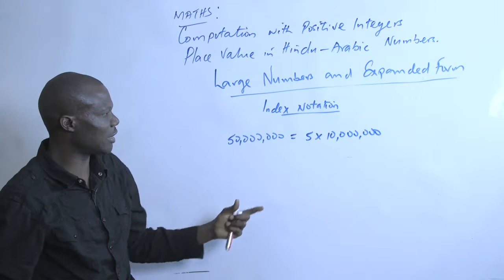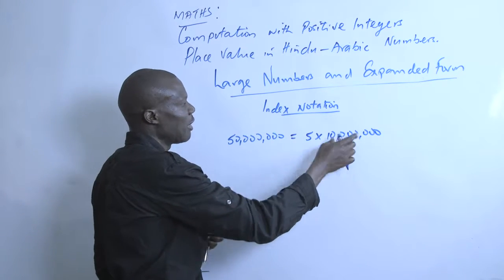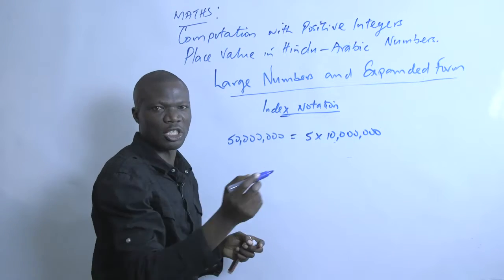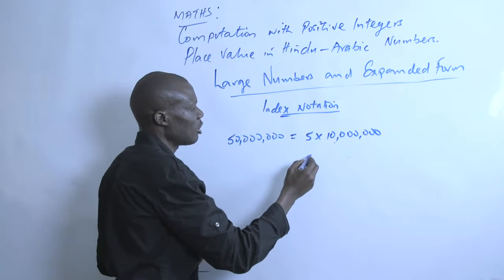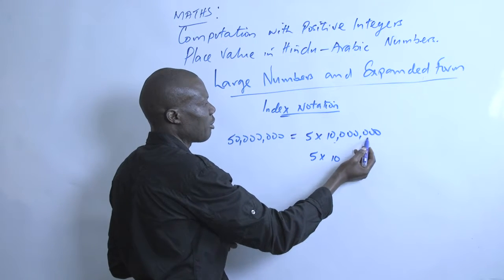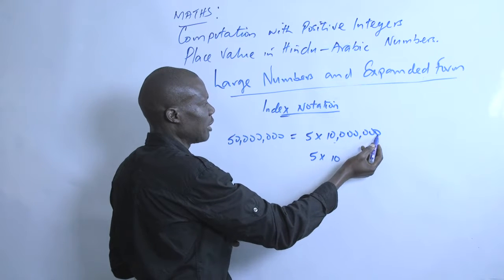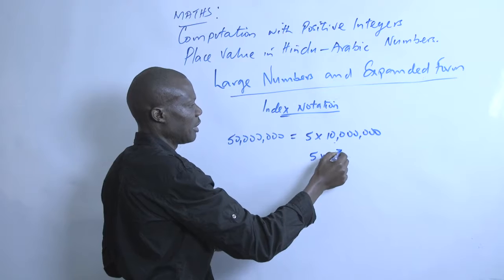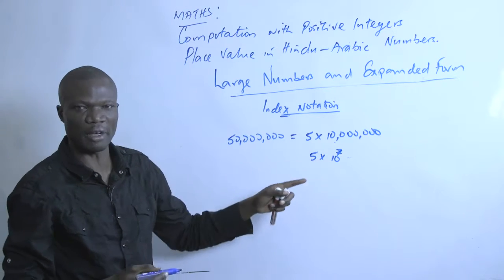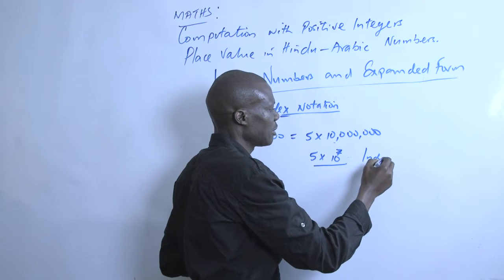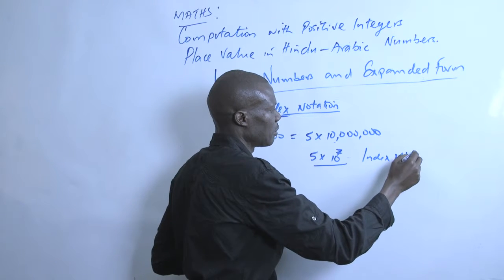If that is the case, then we simplify this by writing 10 million in index notation. So you'll find that this one will be 5 times 10 raised to the power of 7. These are 7 zeros, so raised to the power of 7. So what we have here is what I'm calling the index notation.